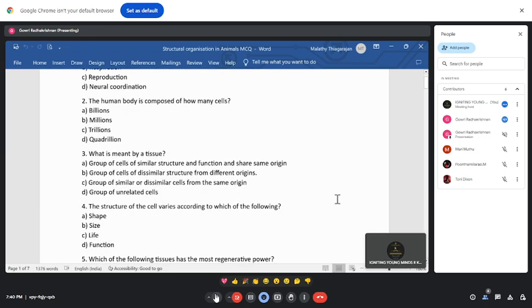Now, question number 2. A human body is composed of how many cells? Any guess? Trillions. Yes, approximately 37 trillion. It's plus or minus, you can say. Exactly, it is 37.2 something, but it may be a little less.